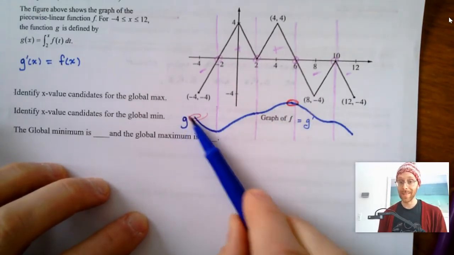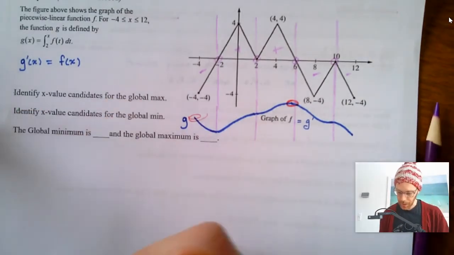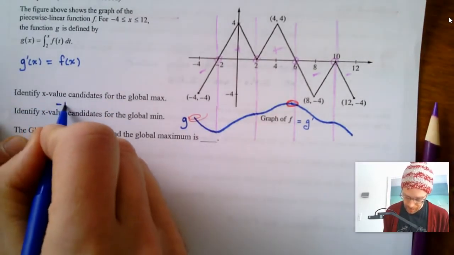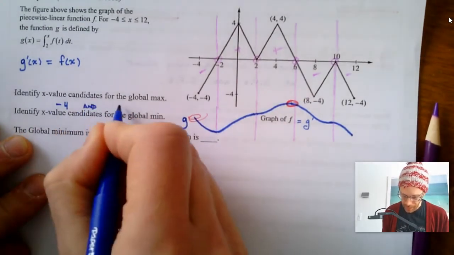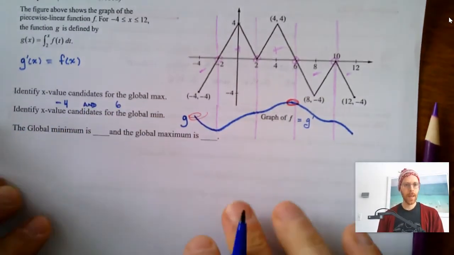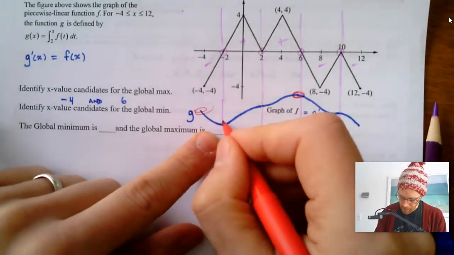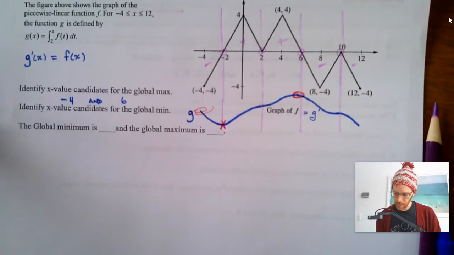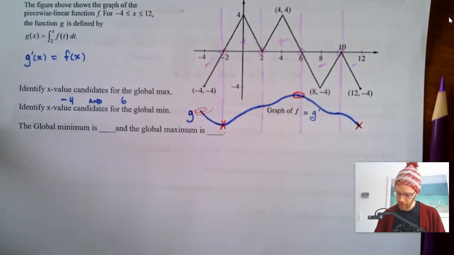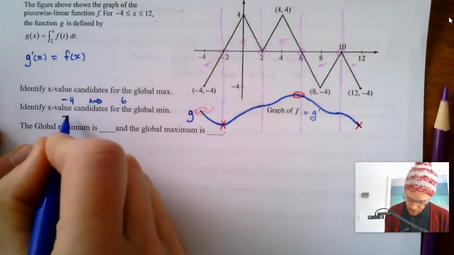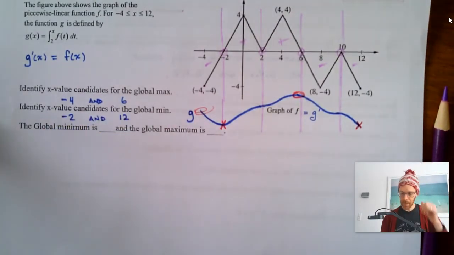I was just drawing down, up, down. Okay, so our candidates for the global max will be at -4 and at 6. And our candidates for the global min would be here at this low point, and then here at this low point, at -2 and at 12.